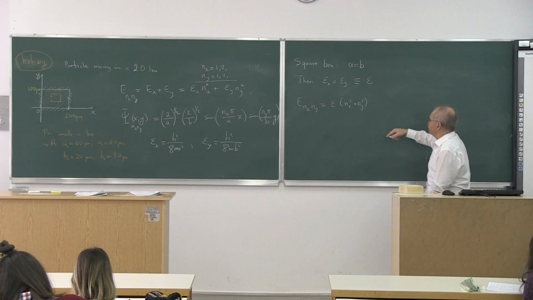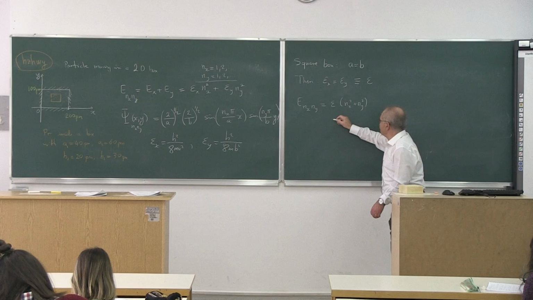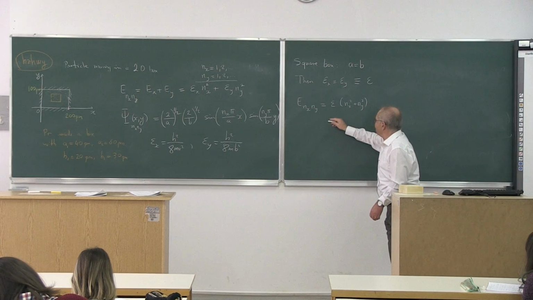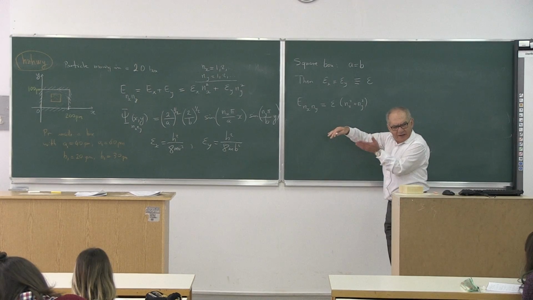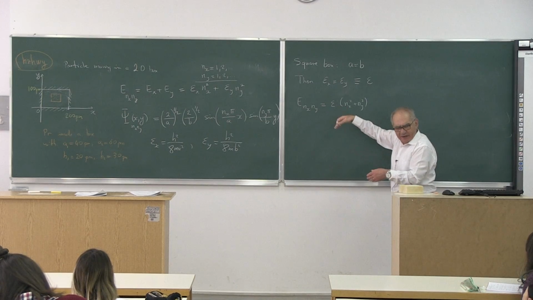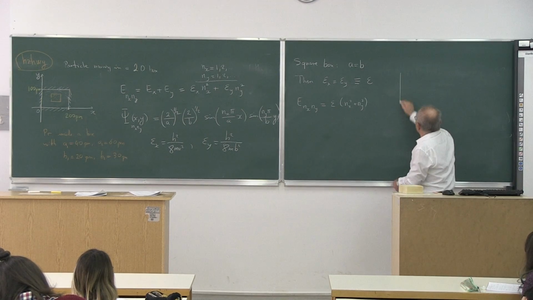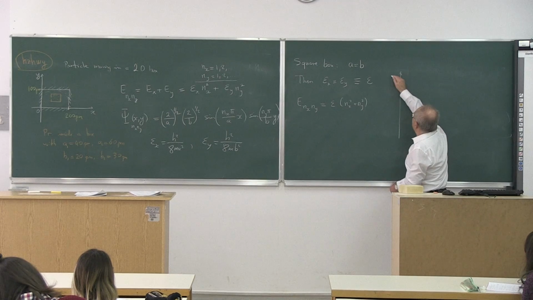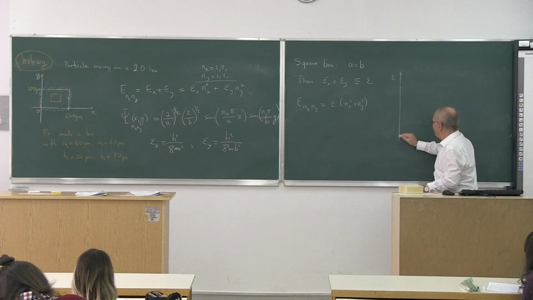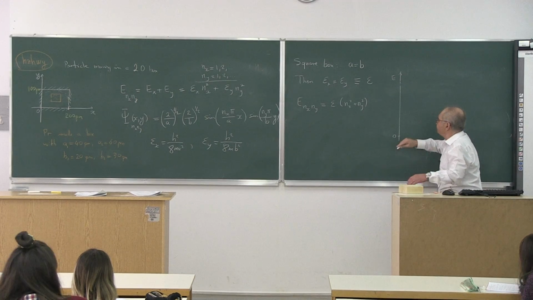Now, let us show the lowest few energies using an energy level diagram. So this is energy. Say this is 0.